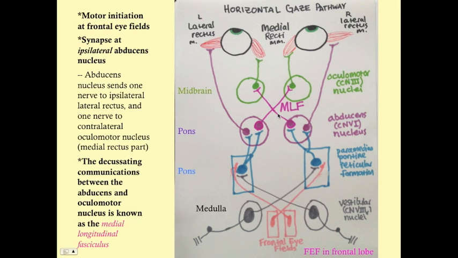So the left MLF ultimately is going to be what tells our left medial rectus to move, and the right MLF is going to be what tells our right medial rectus to move. And of course, the medial rectus moves the eyes towards the midline. Of course, this will be a lot easier to understand when we look at deficits.